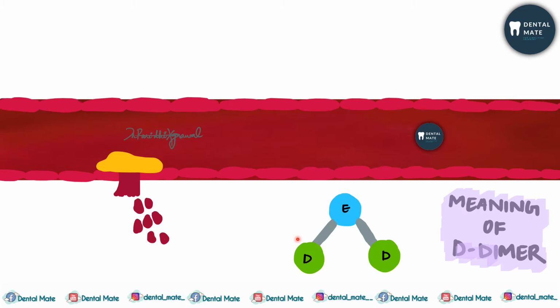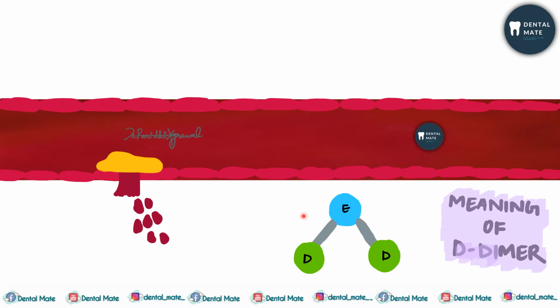Now, after this cross-linked meshwork of the blood clot is degraded, then along with the D-dimer, certain other fibrin degradation products are also formed. Under normal conditions, this D-dimer is cleared, but under an abnormal condition, the D-dimer value is elevated.